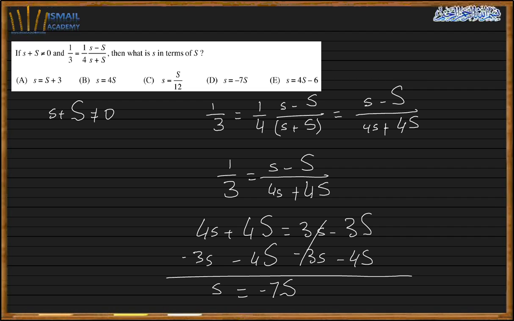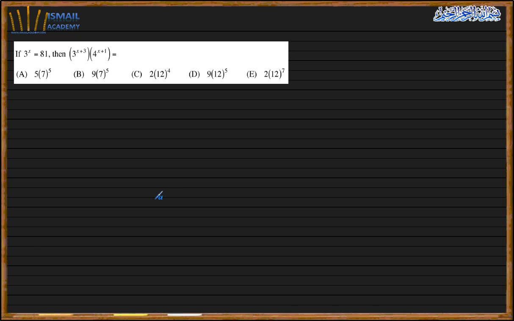All right, next. We want to know what is 3 to the x plus 3 times 3 to the 4x plus 1. So obviously I need to find out x. This is the same thing as 3 to the fourth.